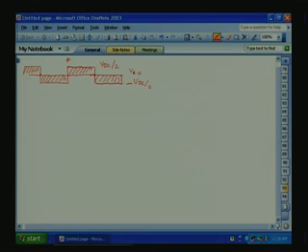So, Vb0 will be 120 degree phase shifted. With respect to 120 degree, it will happen here.